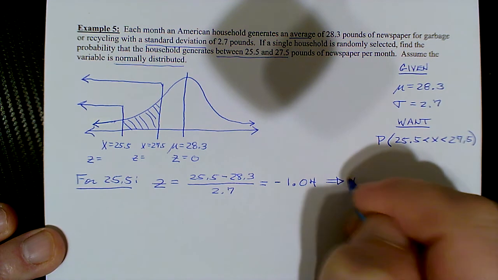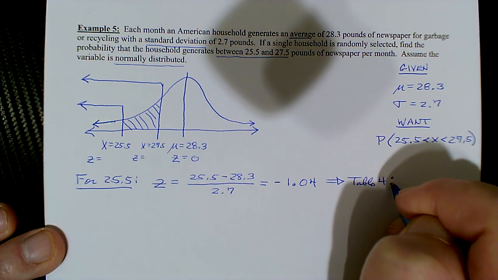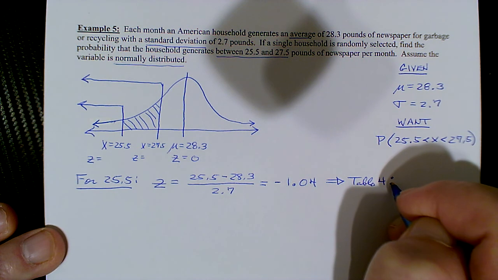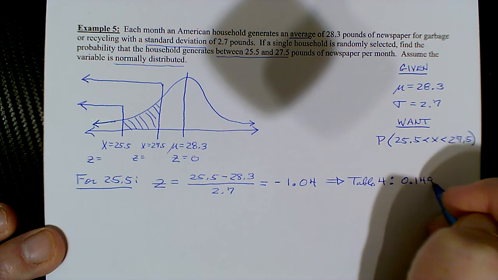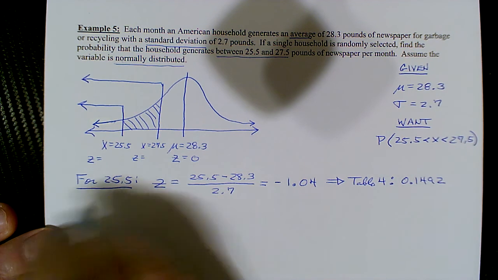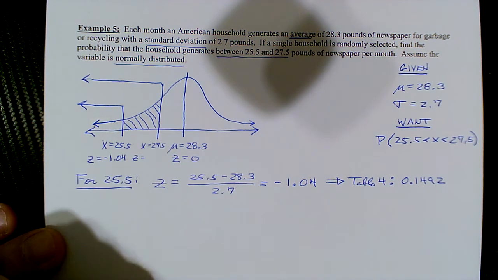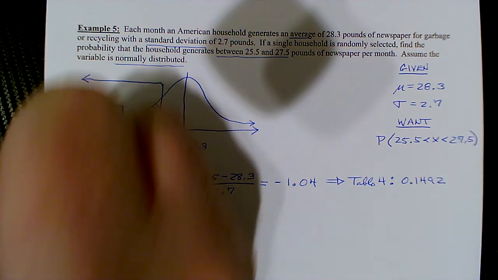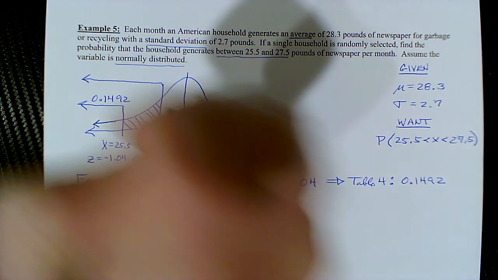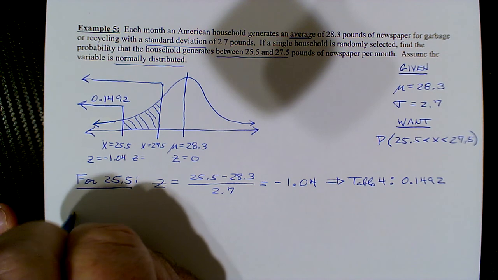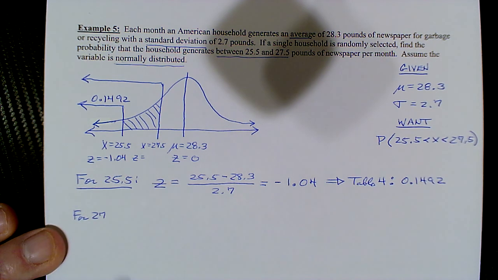So then if we go to table 4, we see an area of 0.1492. Okay, so let me finish my labeling. Negative 1.04 and 0.1492. And then we do the z-score for the other data value, 27.5.